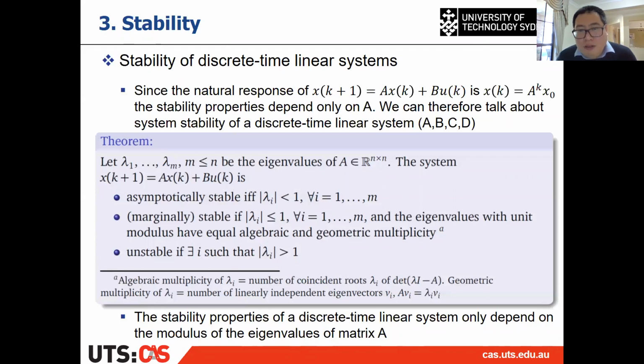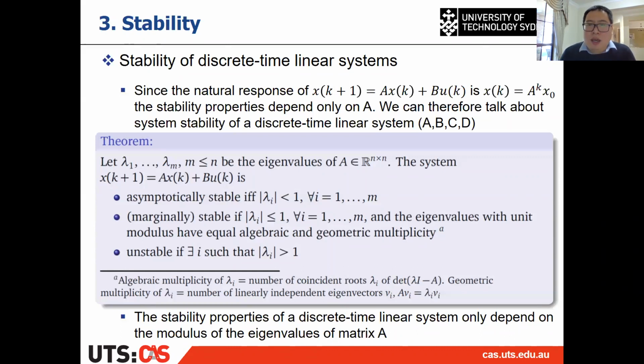The criteria for the continuous time system is that all the eigenvalues have negative real parts. But here the criteria is that all the eigenvalues of A are between -1 and 1, which means the absolute value of all the eigenvalues is less than 1, then that is stable.